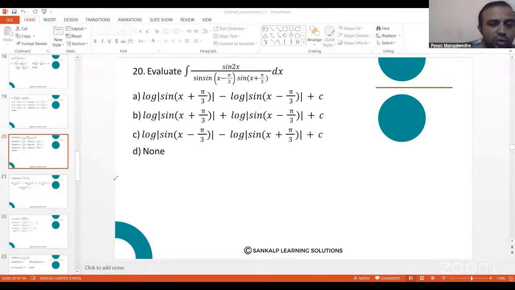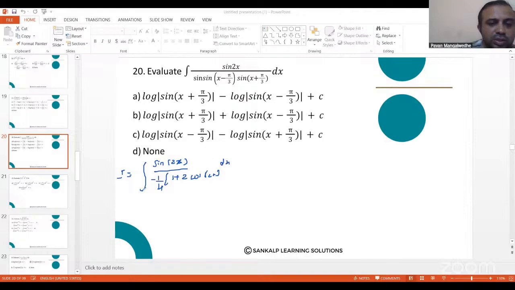So integration of sine of 2x upon minus 1 by 4. Why is it 1 by 4? It is half of the final formula, 1 plus 2 cos 2x dx.